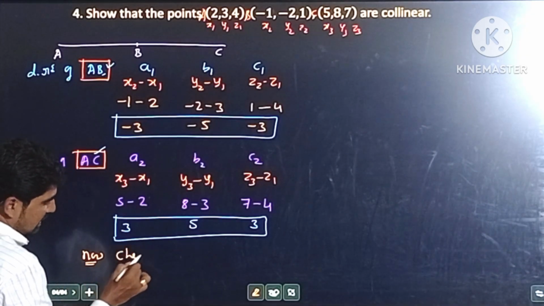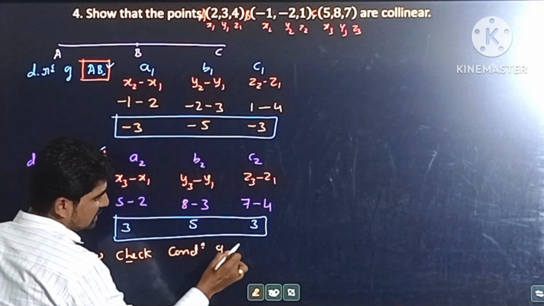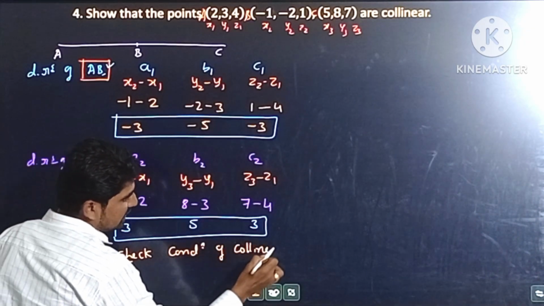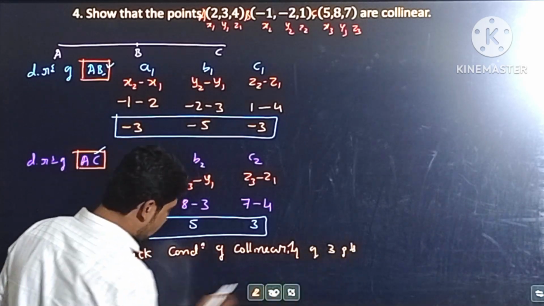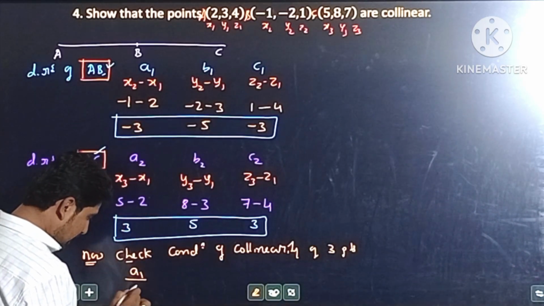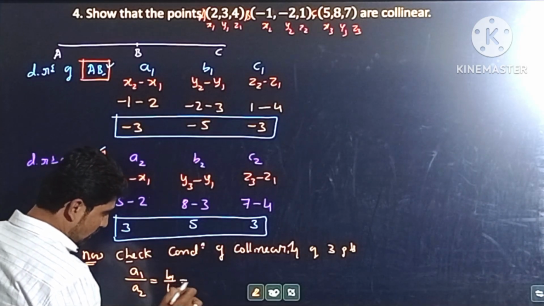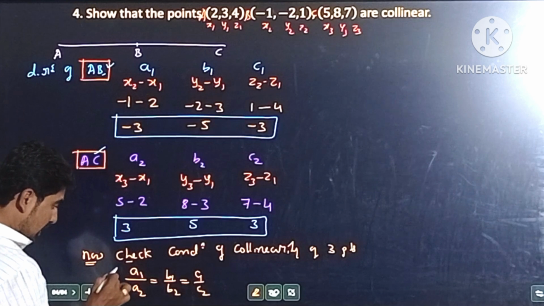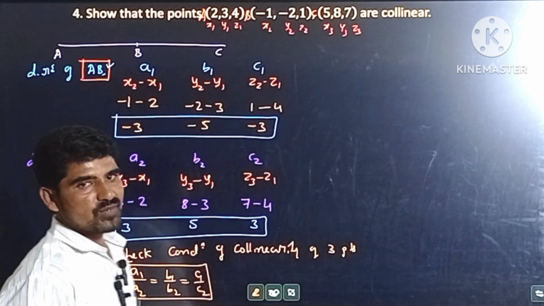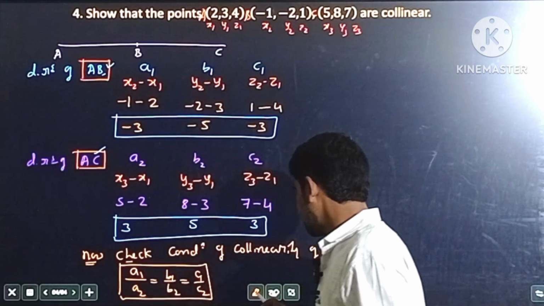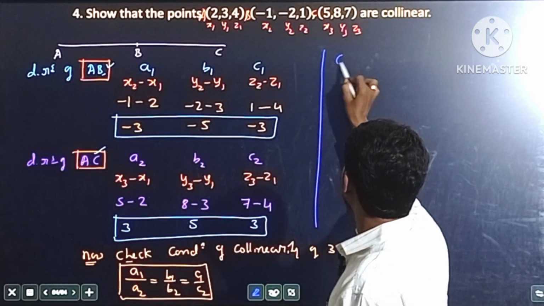Let's check the condition of collinearity of 3 points, that is, a1 by a2 equal to b1 by b2 equal to c1 by c2. If a1 by a2 equals b1 by b2 equals c1 by c2, then definitely the given 3 points are collinear.